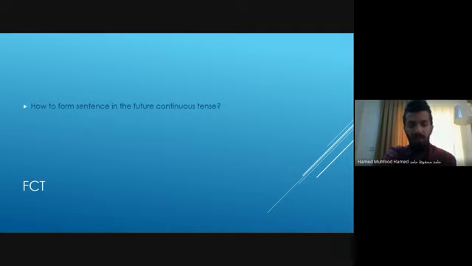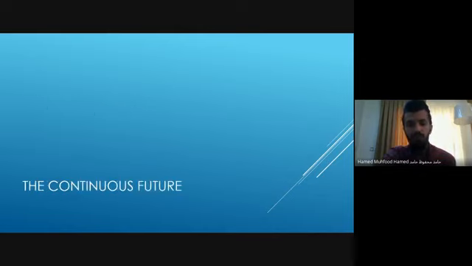So Hanan told us how to form an affirmative sentence in the future continuous tense, or the continuous future. We should start the affirmative sentence with the subject, of course.